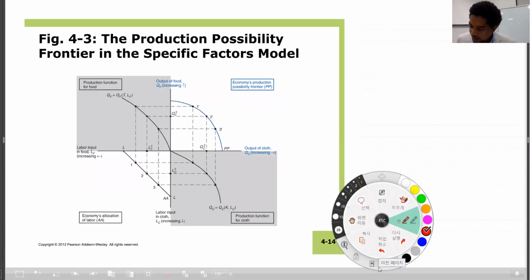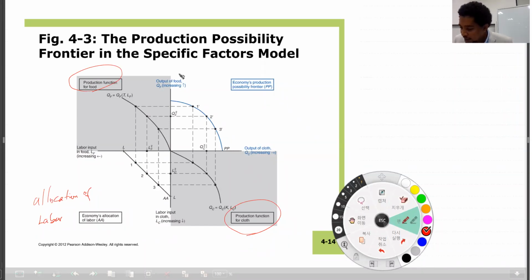So here, this shows the allocation of labor, okay, this quadrant, and this shows the combination of production for clothes and food, and this shows the production function of clothes, the production function of food, then this is the economic distribution.